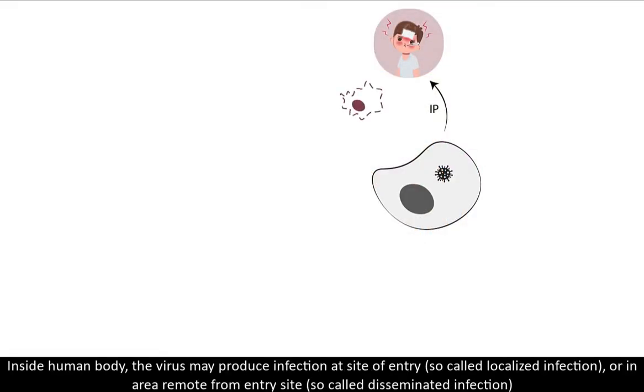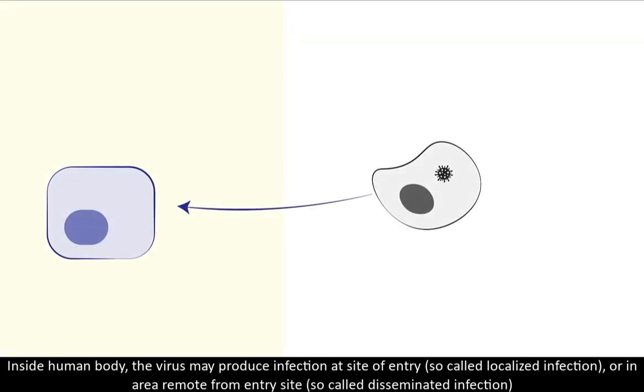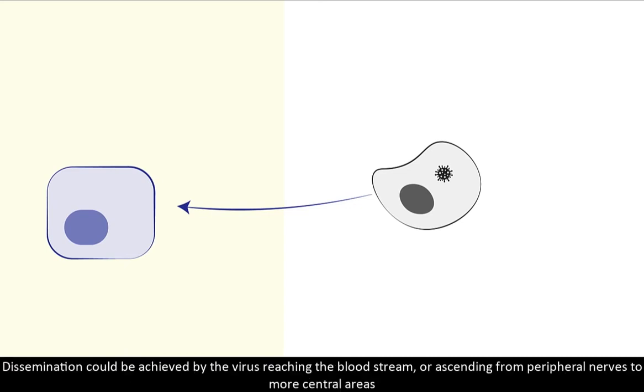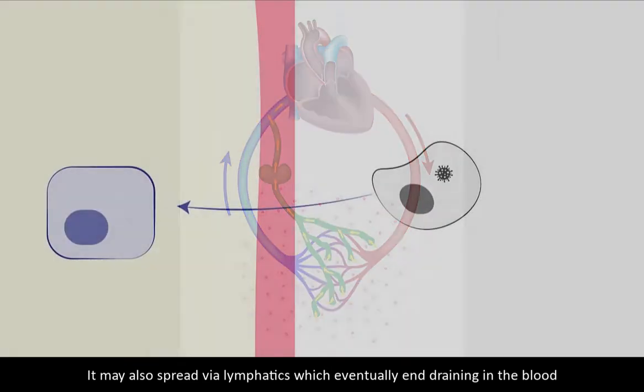Inside the human body, the virus may produce infection at the site of entry, so-called localized infection, or it may cause infection in an area remote from the entry site, which is called disseminated infection. Dissemination could be achieved by the virus reaching the bloodstream or ascending from peripheral nerves to more central areas. It may also spread via lymphatics, which eventually end up draining in the blood.